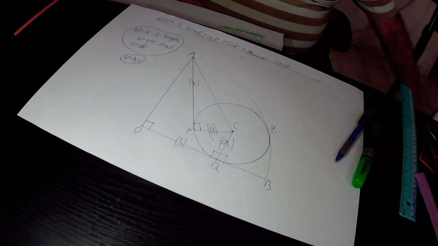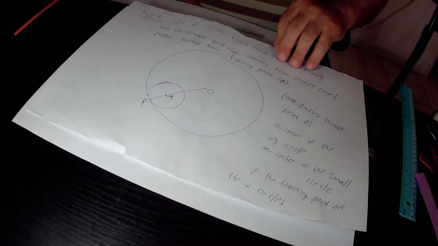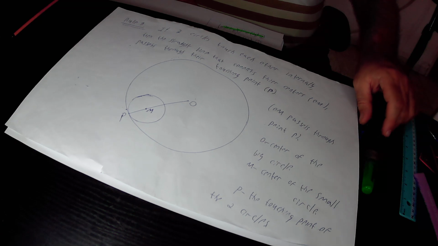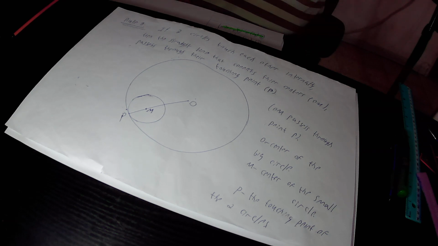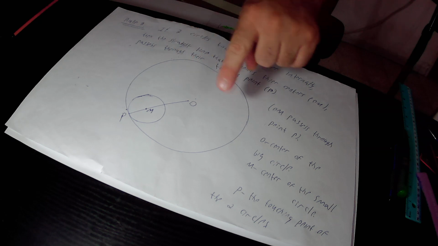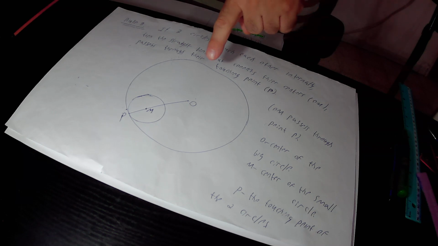According to rule 9, if two circles touch each other internally, then the straight line that connects the centers together passes through their touching point. So in the drawing we have two circles. The center of this big circle is at point O. The center of this small circle is at point M. And the straight line that connects their centers together is of course the straight line OM.